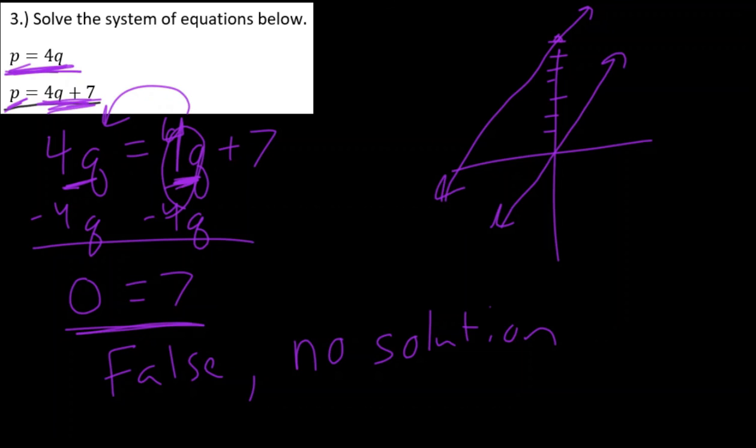And notice, if you were to pretend that these were exactly straight lines, because I'm not an artist, these two lines will never cross. And if these two lines never cross, well, they have no solution. Because essentially, let me reiterate from our first example, whenever we're finding the solution to a system of equations, we're asking, where do the two lines cross? Since they don't cross, the answer is no solution.